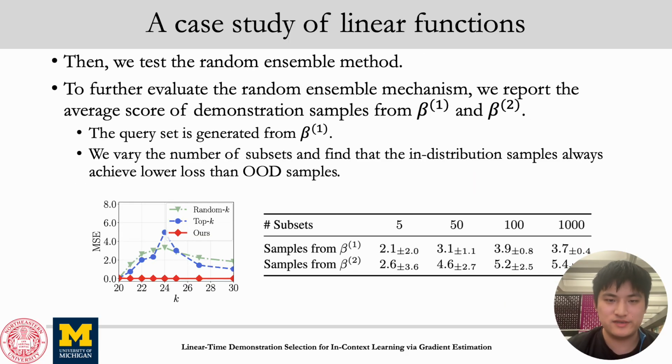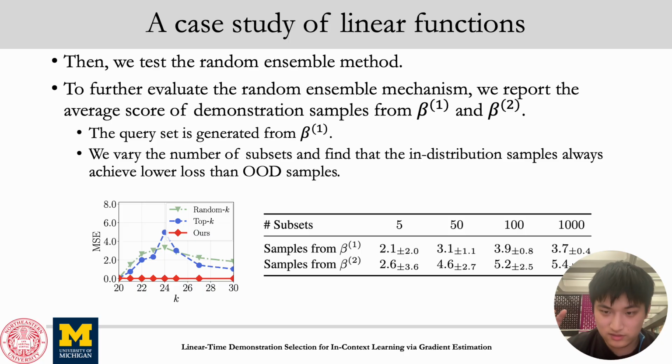Then we test the random ensemble method. To further evaluate the random ensemble mechanism, we report the average score of demonstration samples from beta 1 and beta 2, and the query set is generated from beta 1. In our assumption, the score of samples from beta 2 should be higher.